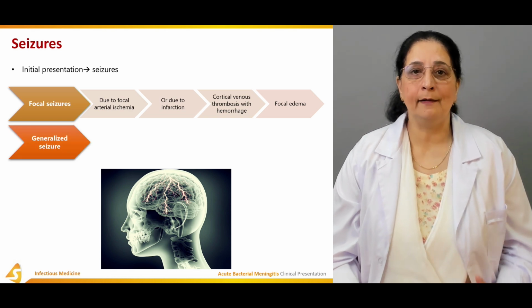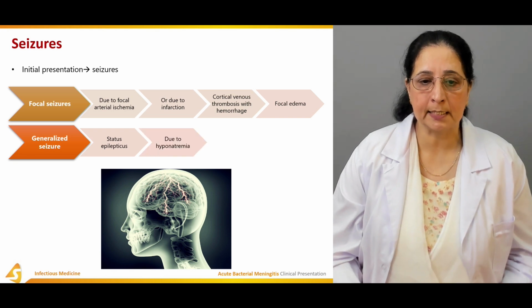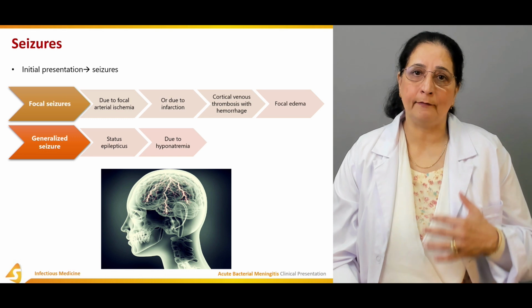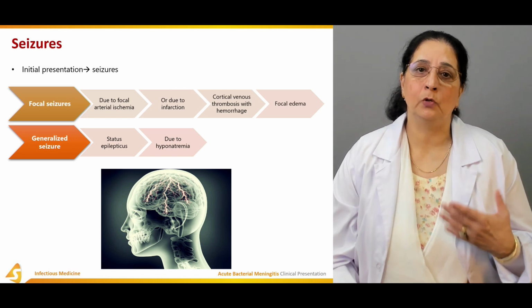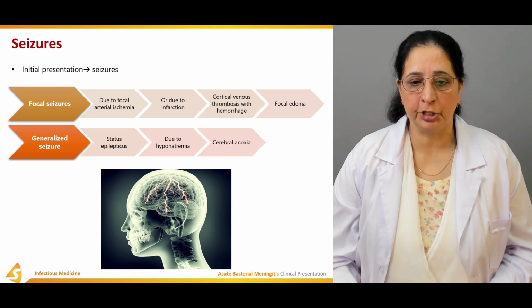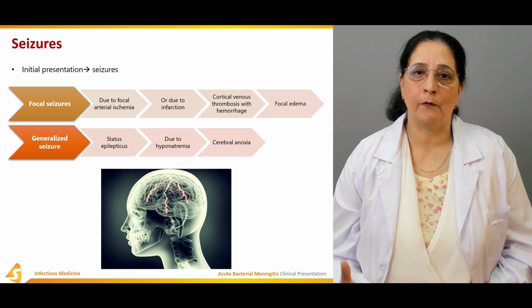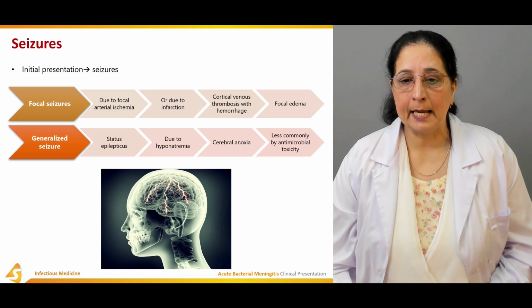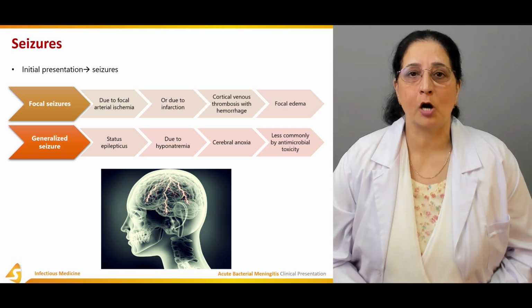Next we have generalized seizures, which include status epilepticus due to hyponatremia. Decreased level of sodium, hyponatremia, can also cause generalized seizures. Cerebral anoxia, decreased supply of oxygen, and less commonly antimicrobial toxicity can also cause them.